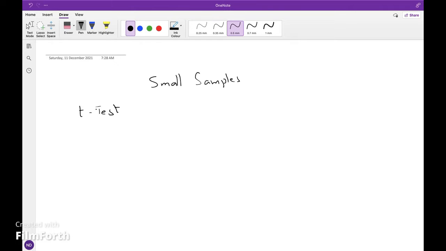Then z equal to x bar minus mu by s by square root of n is normally distributed.